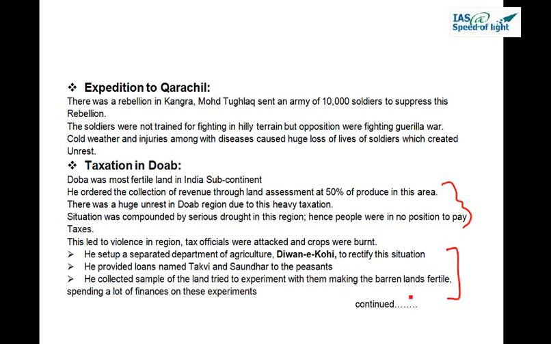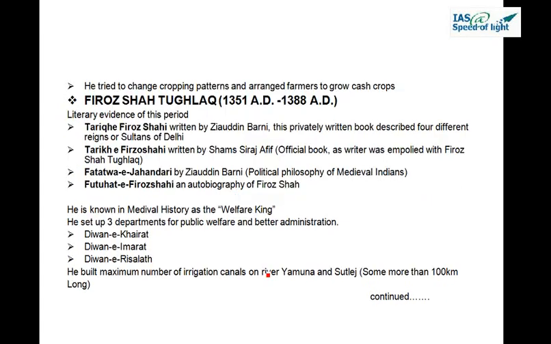Diwan-e-Kohi, he established a department for agriculture to rectify this situation. He provided loans, named Taqavi and Sondhar, to the peasants. He collected samples of the land and experimented with them, making barren lands fertile, and he spent a lot on these experiments.